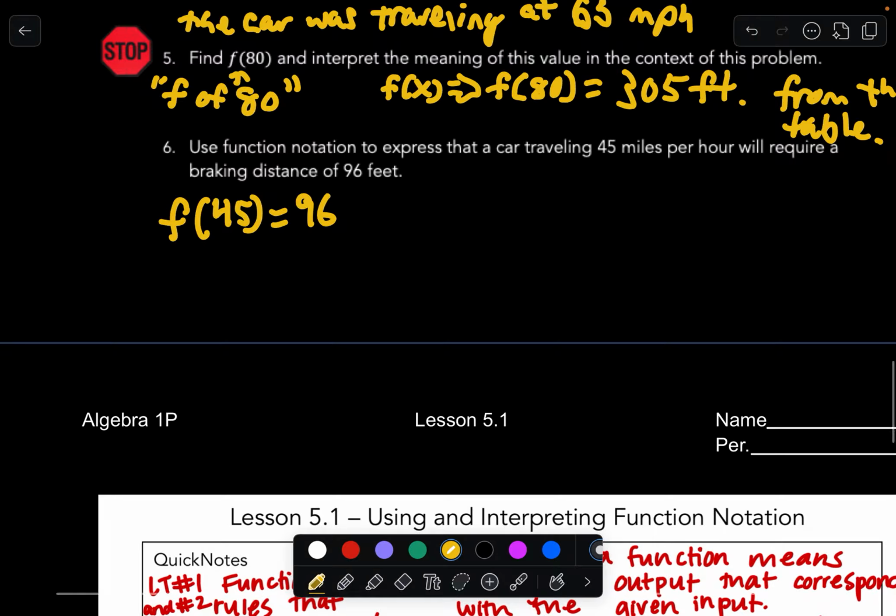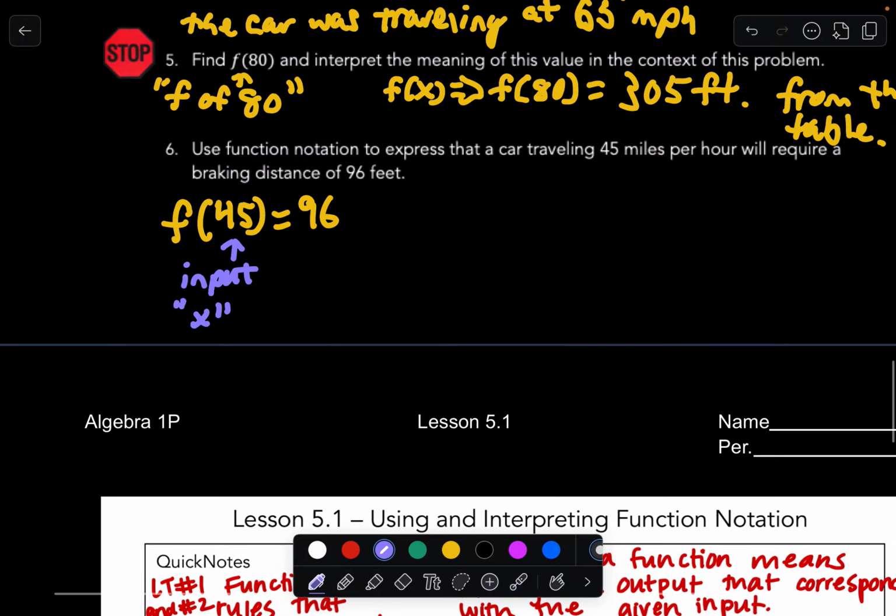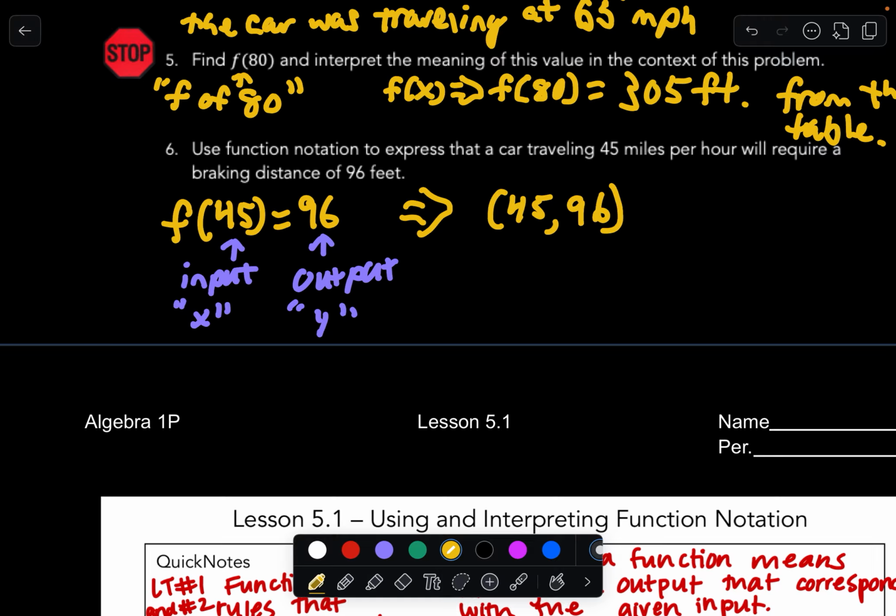This is the input, usually x. This is the output, usually y. As a matter of fact, this notation right here can also be written as an ordered pair. That would just be (45, 96). It's a point. All right, so I'm trying to relate it to all the things you've seen before.